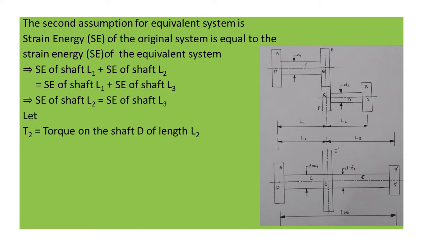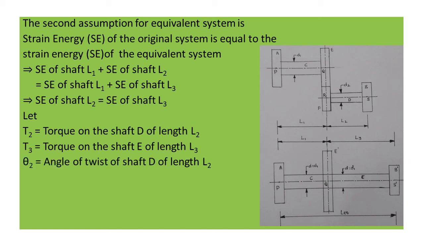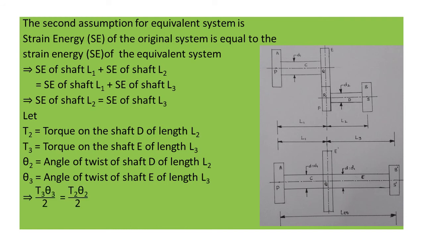Let T2 equal the torque on shaft D of length L2, T3 the torque on shaft E of length L3, theta 2 the angle of twist of shaft D of length L2, and theta 3 the angle of twist of shaft E of length L3.